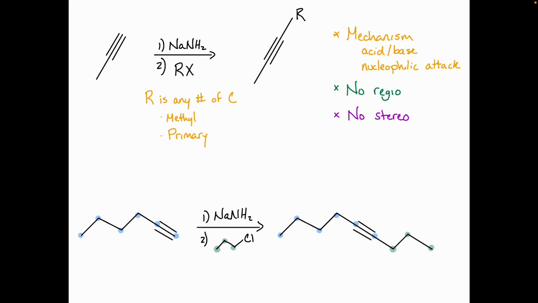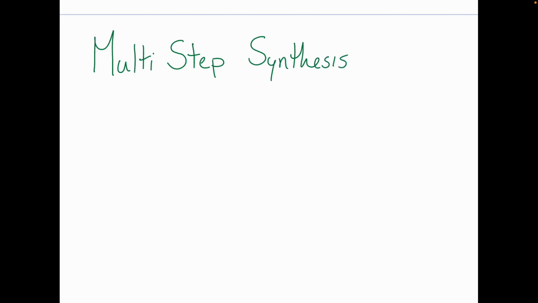Cool. All right, so now that we've got a good bit of reactions under our belt, we can introduce one of the biggest challenges in organic chemistry, which are multi-step synthesis problems.